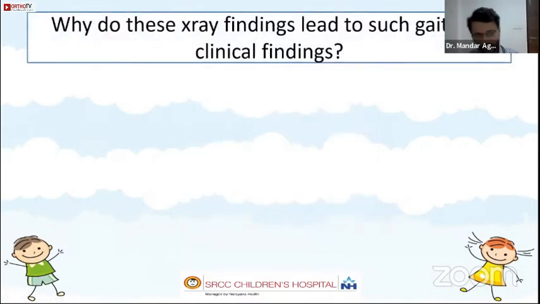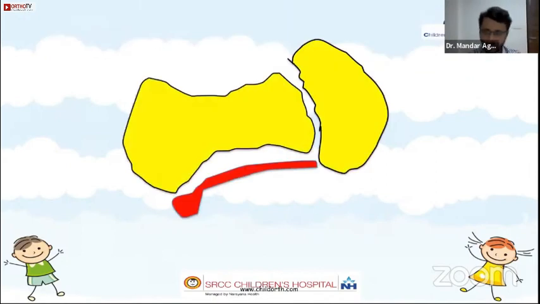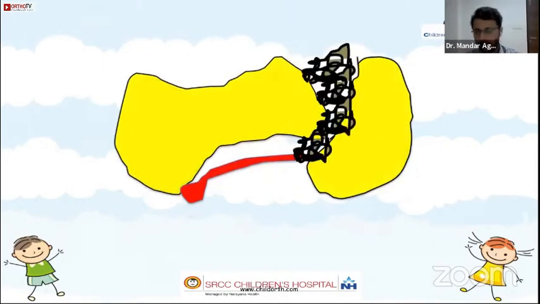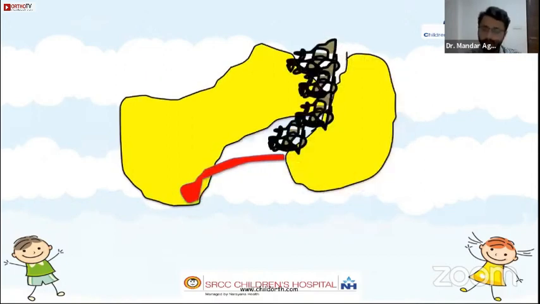So we should ask ourselves why these X-ray findings lead to such gait and clinical findings. Again, we come back to the same picture. The slip goes ahead, and there are multiple phases of acuity where the slip goes ahead, and ahead, and then a lot of callus is formed. As you can see here, the posterior vasculature becomes completely tightened.